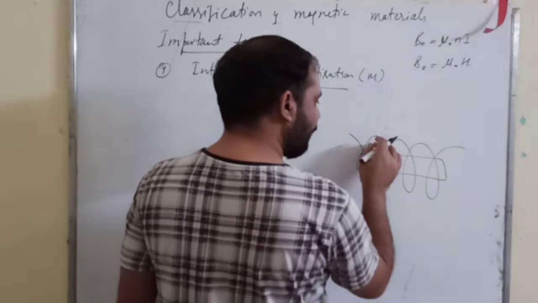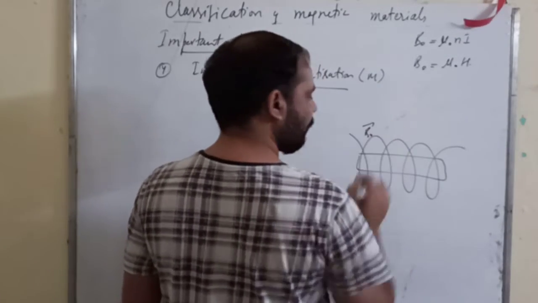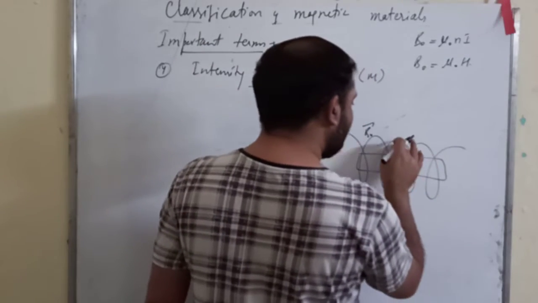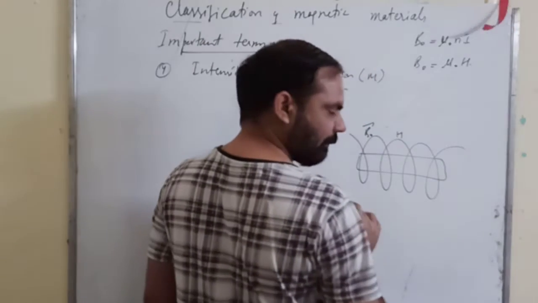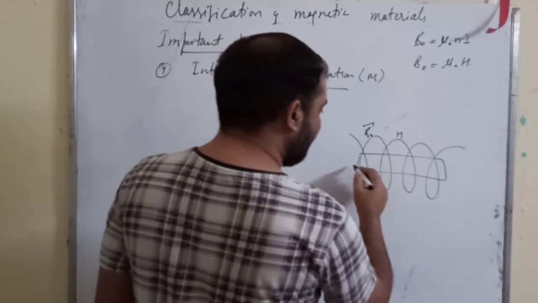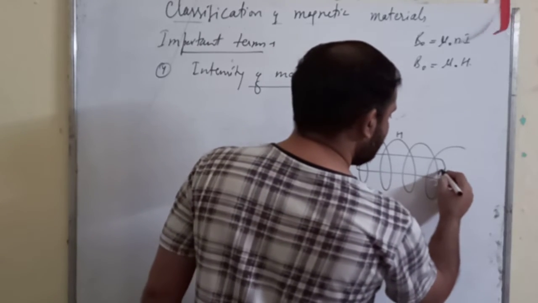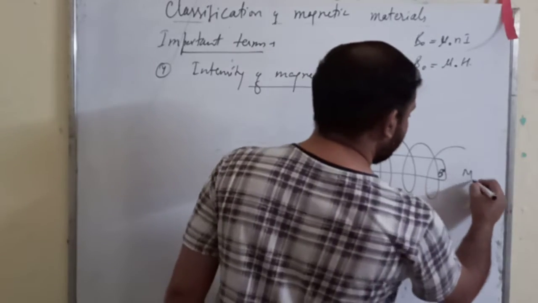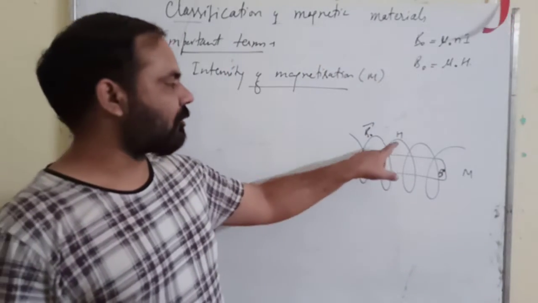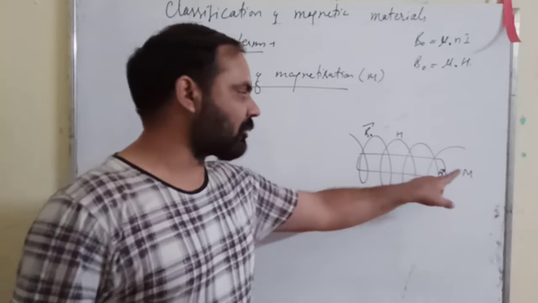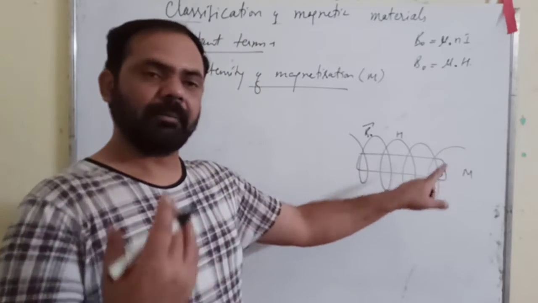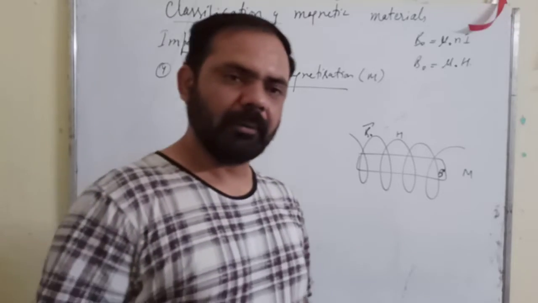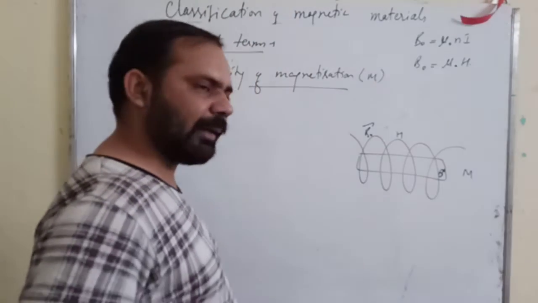The magnetic field of this solenoid is B naught, and the intensity of this B naught is H. Now this material gets magnetized, and that field is, suppose, B dash. The intensity of that magnetic field is M. The strength of B naught is H, and the strength of the magnetic field which the material has created is M. That is your intensity of magnetization.